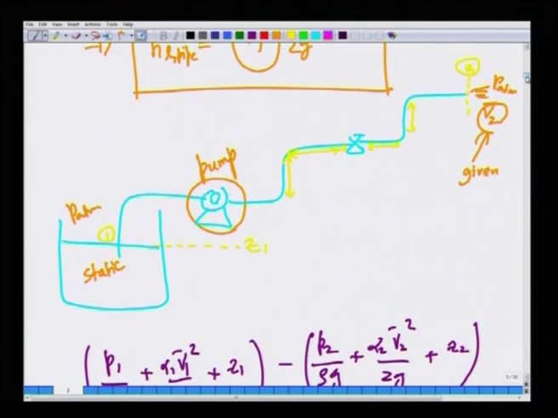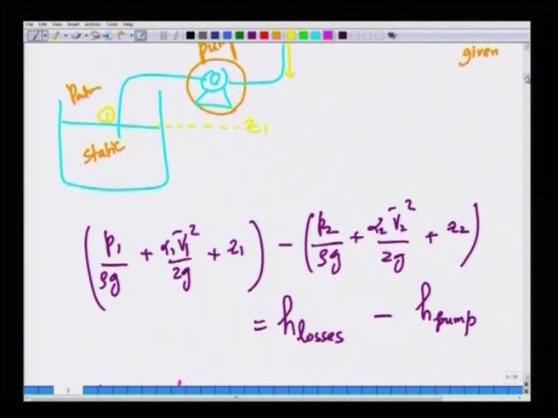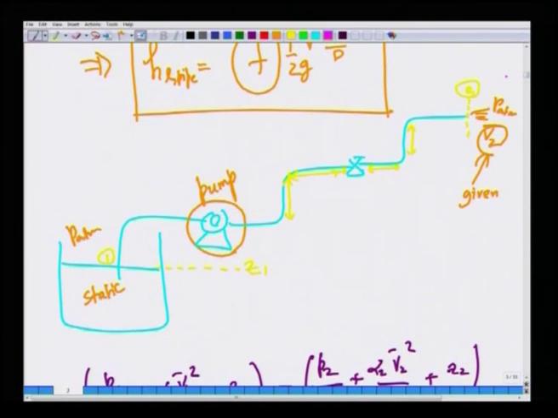But that is not to say that this is the only source of losses for the flow system, because there are also other pieces. The flow is static here, but it is entering a pipe. So, these are called entry losses, and there are bends of various types throughout the pipeline. These bends will in general have losses. There are valves here which will have losses depending on the nature of the valve. And there is an exit, the fluid is exiting from the pipe to the atmosphere.